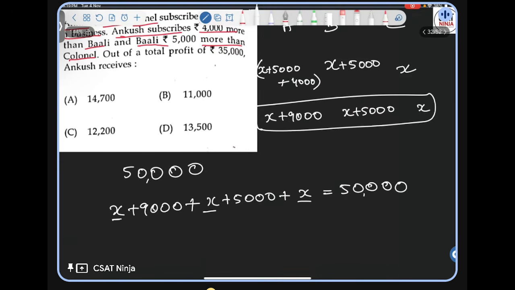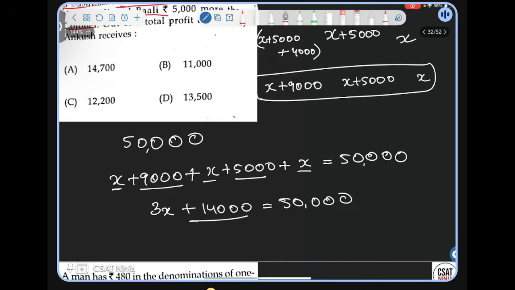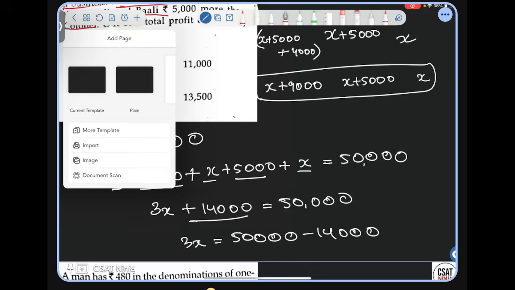X plus X plus X will be 3 times X, that is 3X. 9,000 plus 5,000 is 14,000, which is equal to 50,000. If I transfer this plus to the other side, 3 times X is equal to 50,000 minus 14,000.